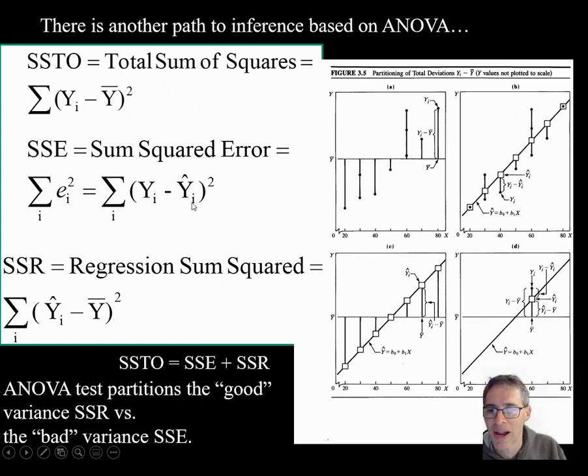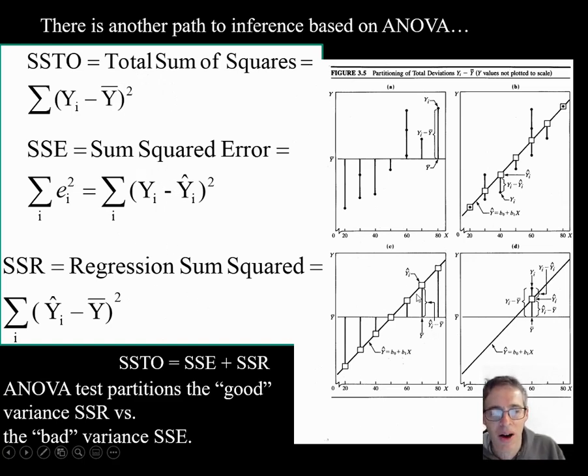If I do yi minus y hat plus y hat minus y average and add all of these together, the y hats drop out. The model line at each point cancels, and what you're left with is yi minus y average squared. So the total sum squared is equal to the sum squared error plus the regression sum squared.